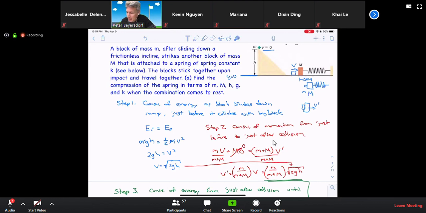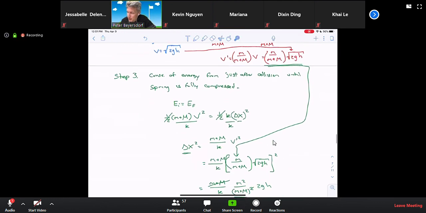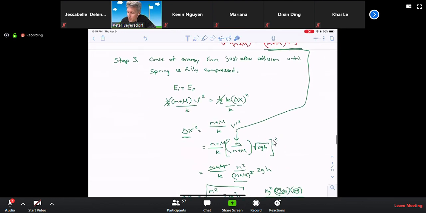Can I show the beginning of step 3 again? Sure. So this was the step where we're considering what happens as the blocks moving together compress the spring. So we're applying conservation of energy, and we're saying initially we have these two blocks moving, so there's some kinetic energy. And then the final point that I'm considering is when the spring is fully compressed.